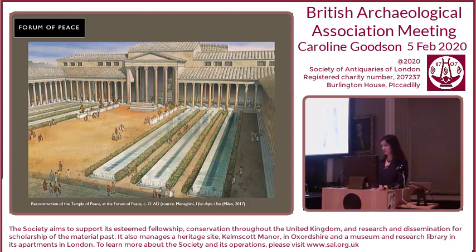And excavators in the 1990s found the bases of these fountains and the roots, the preserved sort of root balls of Rosa Gallica. So this is a very floral, highly scented, bright pink rose that was planted up and down these fountains.